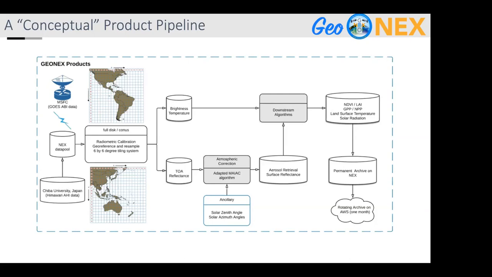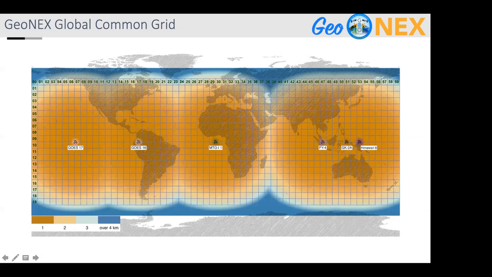All right, so that follows the workflow. And in the plan, we're going to archive those data on our system and also distribute through different channels. Here I show the public cloud, AWS, and also NASA DAAC.